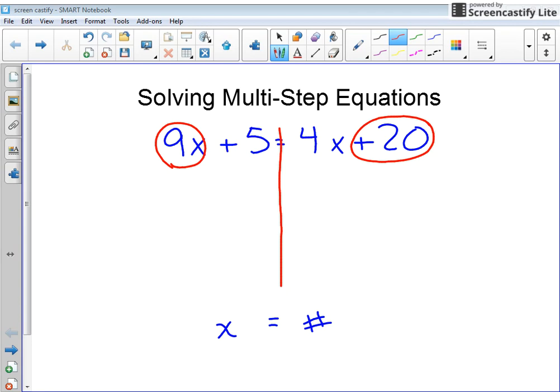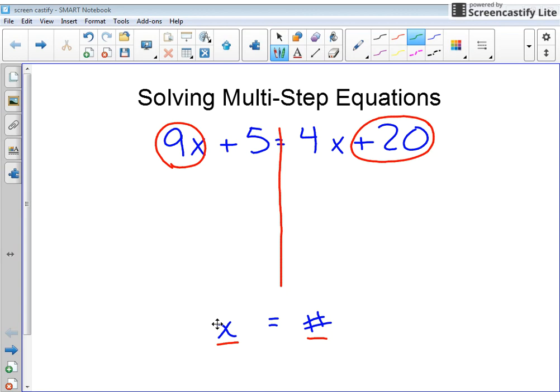What I am left with is plus 5 on the left and 4x on the right. I'd like to eliminate both of those terms so I can work towards my final goal of having x equal to some term. We do this by a series of inverse operations or opposite operations.